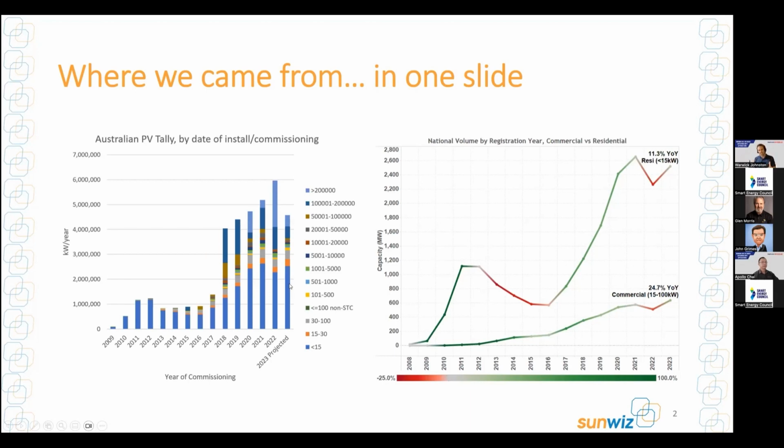So we're on a consistent growth trend in terms of capacity, you could say. And residential is certainly still the mainstay of that market, but there is significant growth in commercial too there. In fact, that record year, both at the small scale commercial and also when you count some of the LGCs as well.